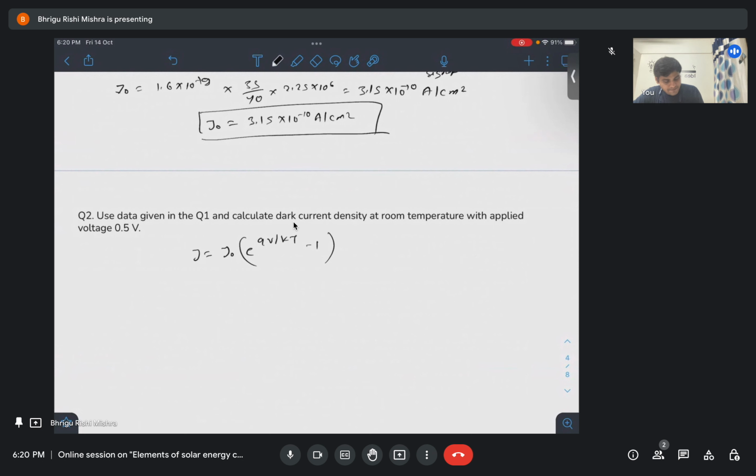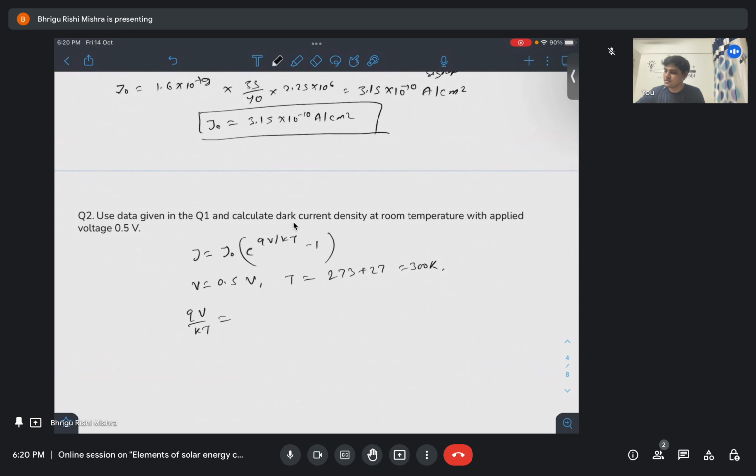So we have given that V equals 0.5 volt and temperature is room temperature, so we can take 27 degrees centigrade, that means 300 Kelvin.